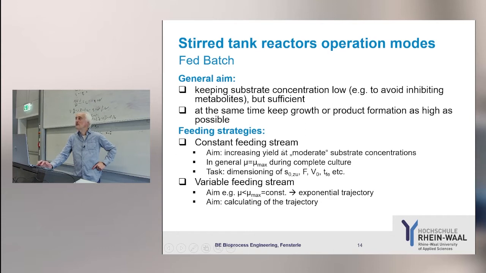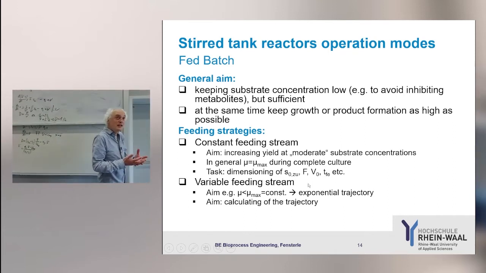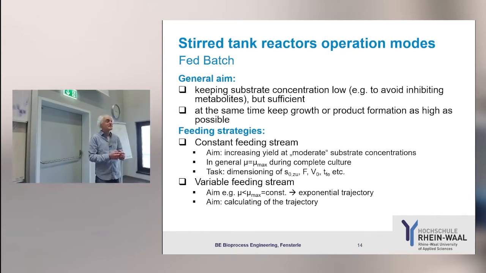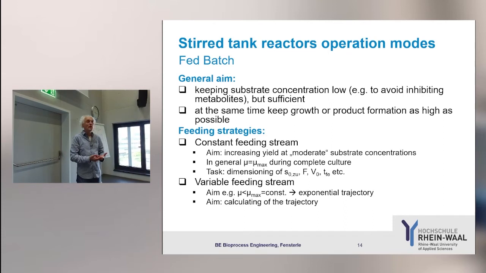And of course, if we have a feeding strategy where we have a constant feeding stream, it makes our maths easier. The aim is to increase the yield at moderate substrate concentrations. And here we dimensioned the F. Of course, we could also vary and optimize for the substrate concentration in the inflow. We could optimize for our initial volume of the batch culture.